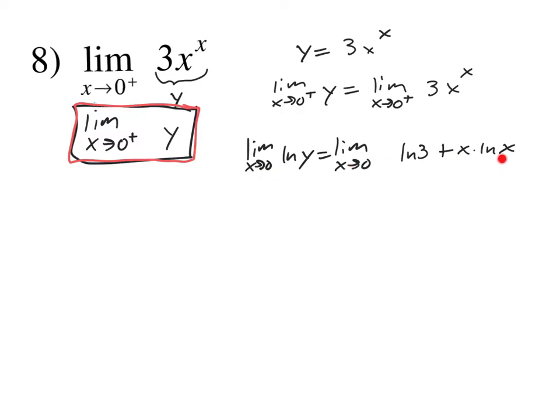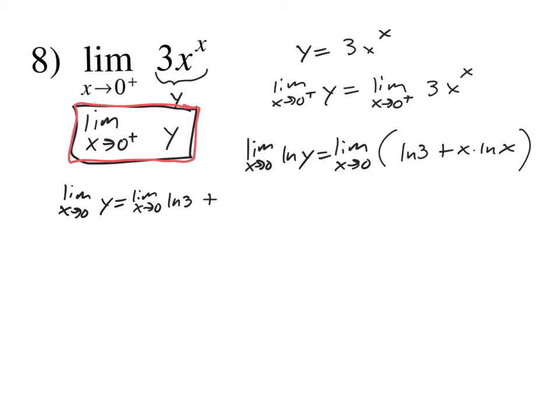Now I can't quite use L'Hopital's yet, and actually I'm going to use parentheses around that. I can't quite use L'Hopital's yet. This is just a number, so that's pretty simple to evaluate. It's just ln 3. But what I can do is change this to a fraction. So we've got the limit as x approaches 0 of ln y equals the limit as x approaches 0 of ln 3, which, like I said, is actually just ln 3.